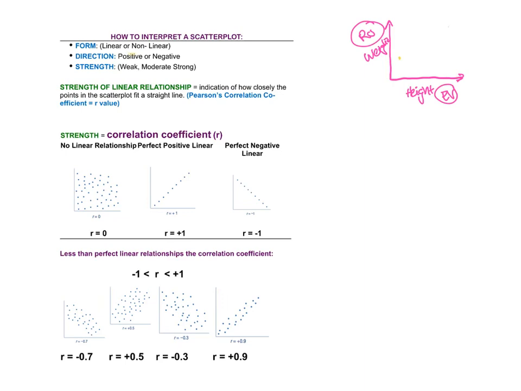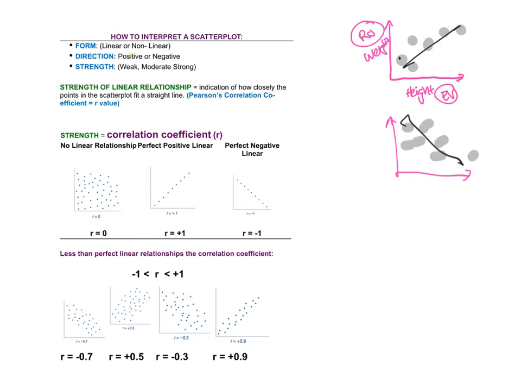If your dots are going up like that, that would be a positive gradient, so you would say the direction of this graph is positive. And if you had a negative one, your dots would be going down like this, we'd say the direction was negative.